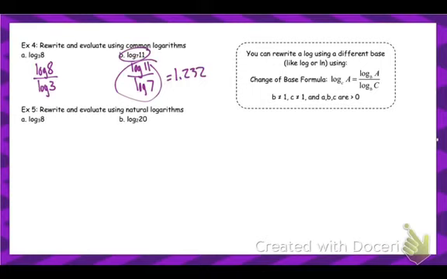Typically, we're going to use the common log or natural log because those are the buttons you have on your calculator to make it easy. So let's just go ahead and use natural log. I could rewrite this as ln 8 over ln 3. And I'm still going to get the same decimal, which is 1.893.